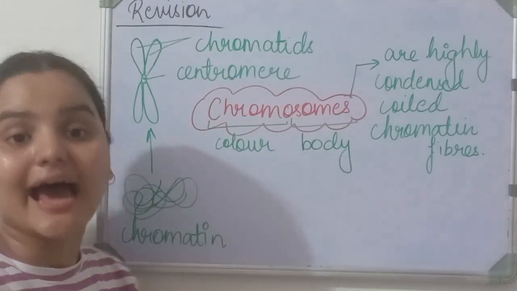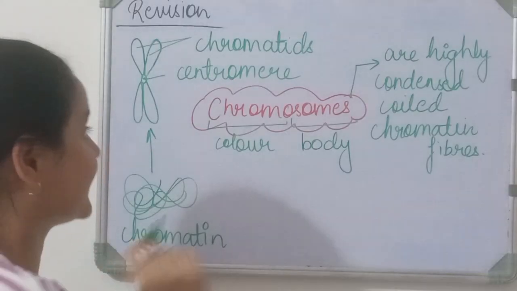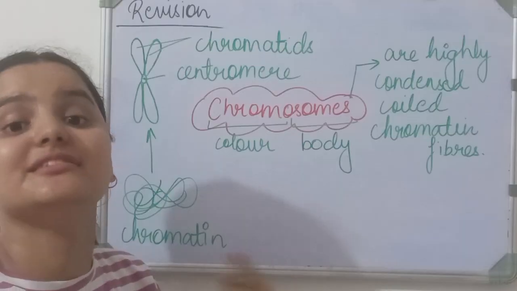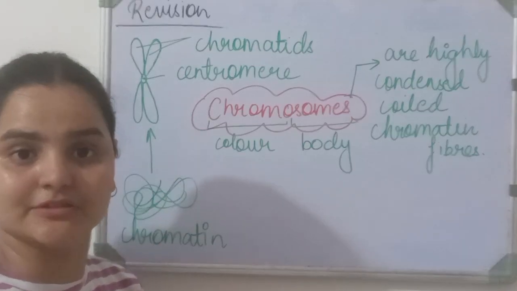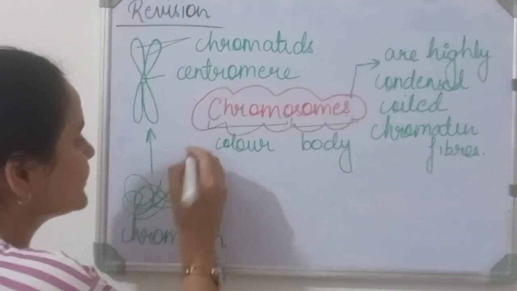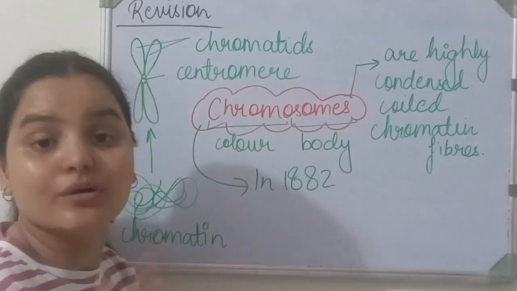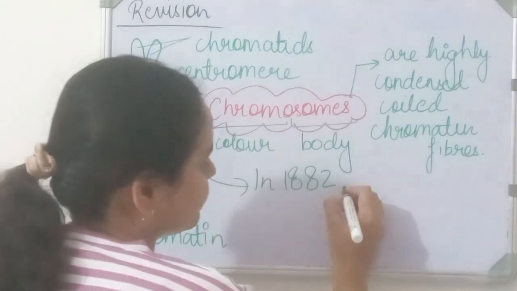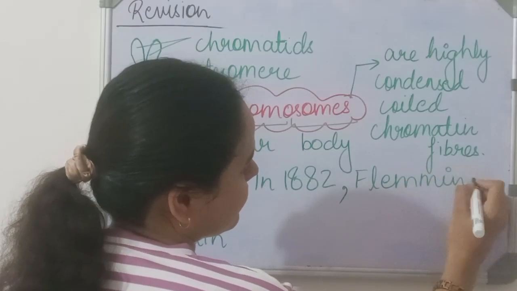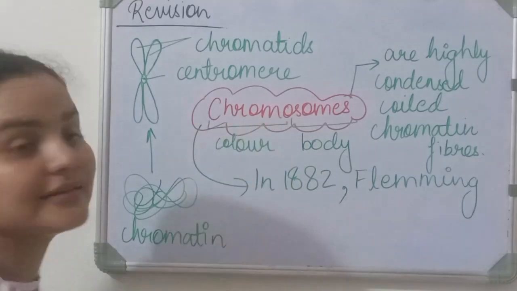This centromere acts as a point of attachment of both the chromatids, and also as a point of attachment for the spindle fibers during cell division. Now, the discovery of chromosomes: in 1882, who discovered them? Fleming discovered this colored body, which is known as chromosomes.